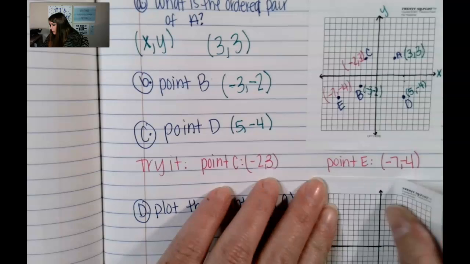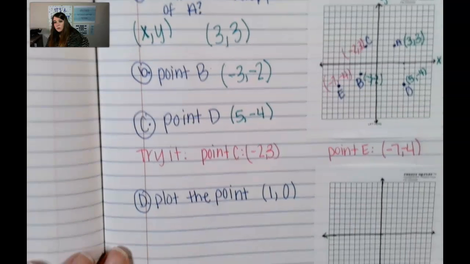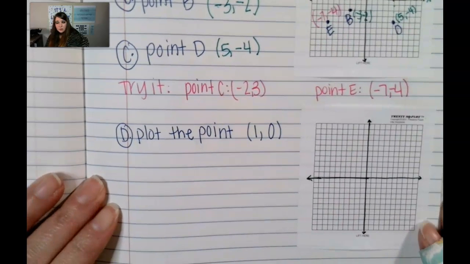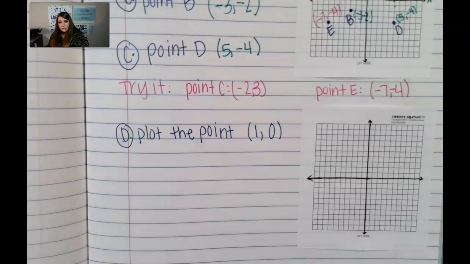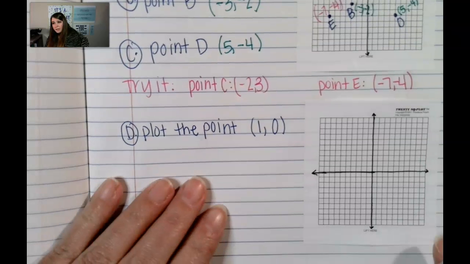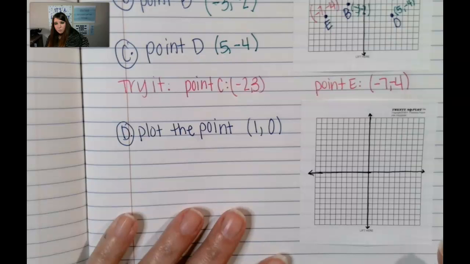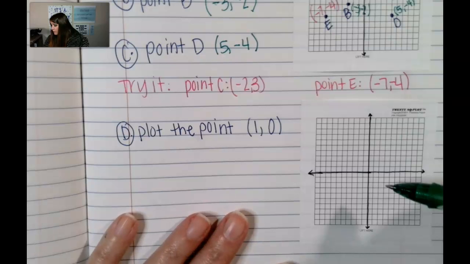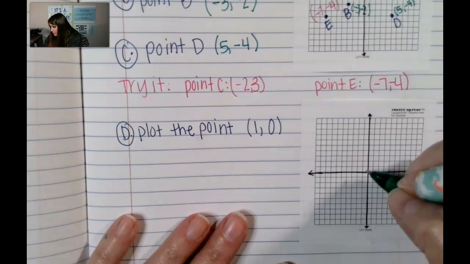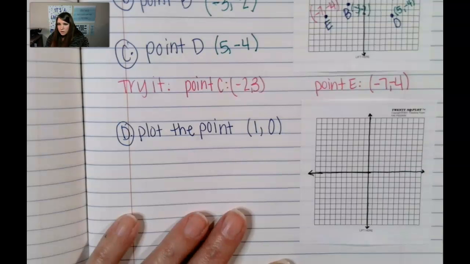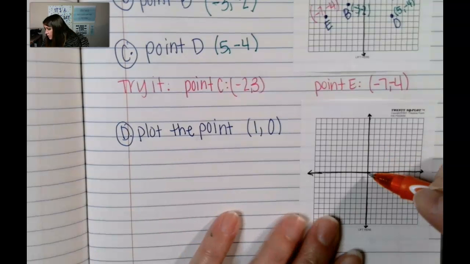And my job, again, is to now put some dots. All right, so I'm going to start out by plotting the point of 1, 0. So I have a clean slate here. Let's use a different color. I'm going to use orange. I'm going to start at 0, 0.